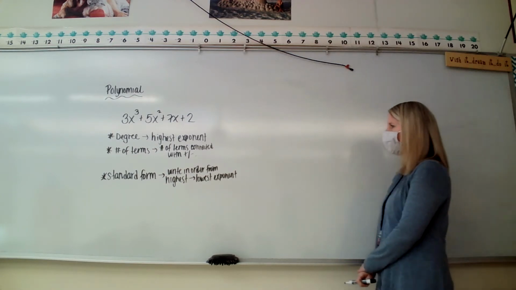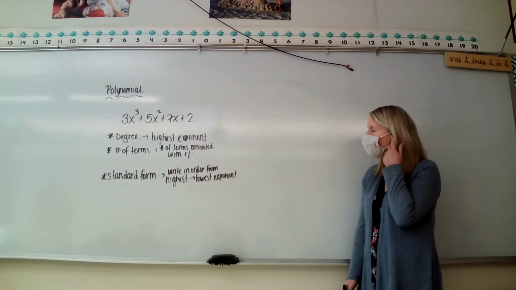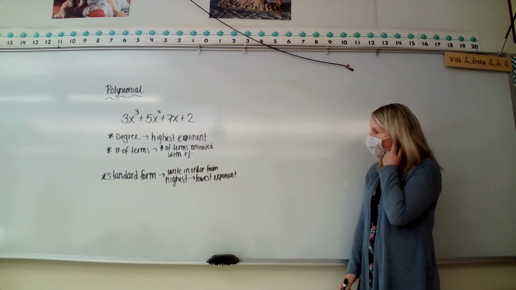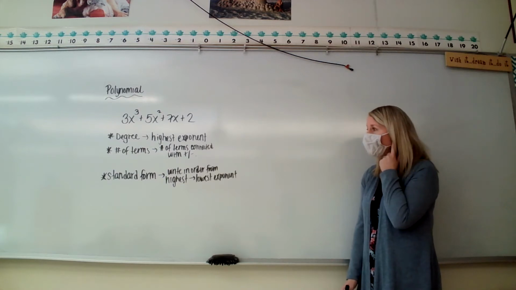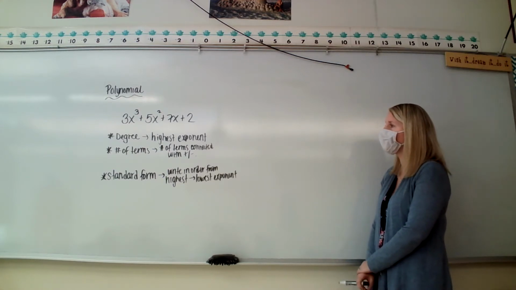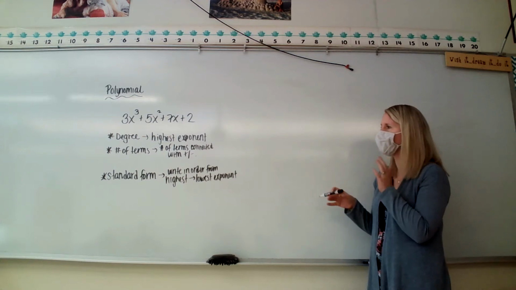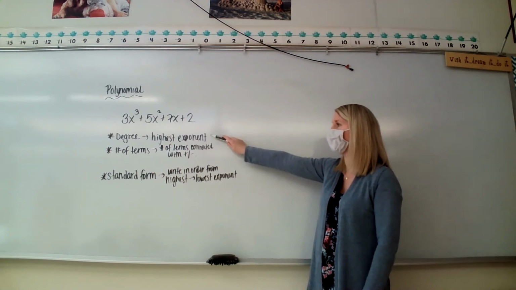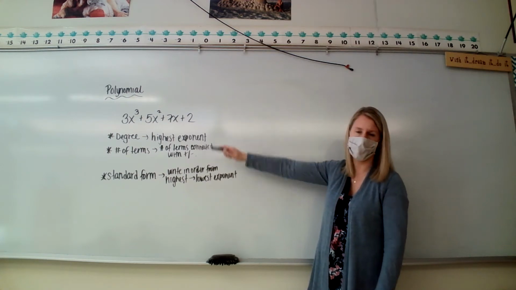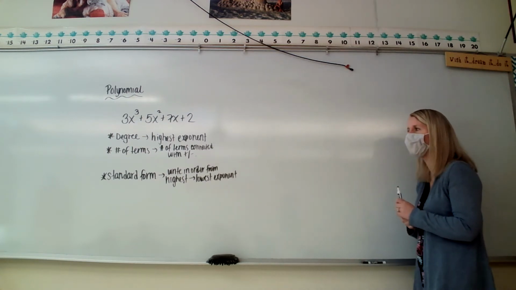Those are just some quick little things, because once again, polynomials is kind of a new concept to us. Now, another thing we do with polynomials is we name them. Oh, we give them little names. That's so precious. So I'm going to put up a chart in a second. There's actually 2 charts. We name them based on 2 things. We name them based on the degree and then the number of terms. I brought those up first because that's something we're going to need.